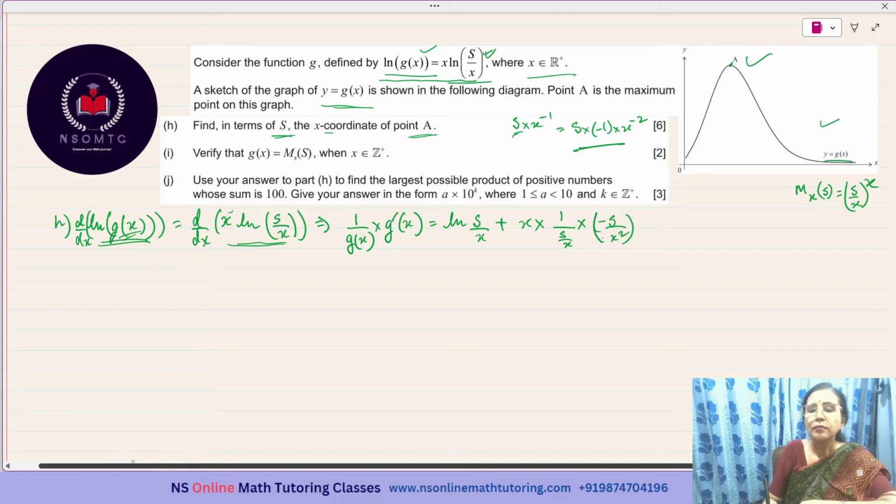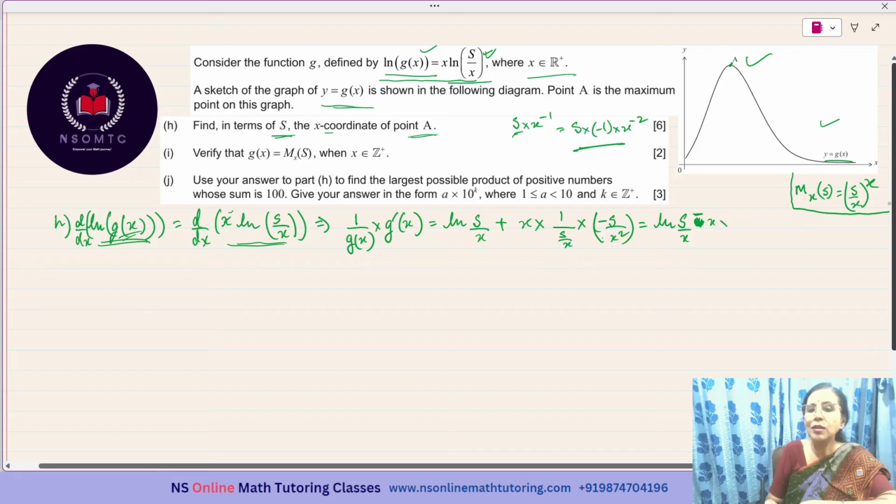So this will be equal to ln of s over x, plus x times 1 over s over x, which is x over s, times minus s over x square. I am writing the minus because there is this minus sign.